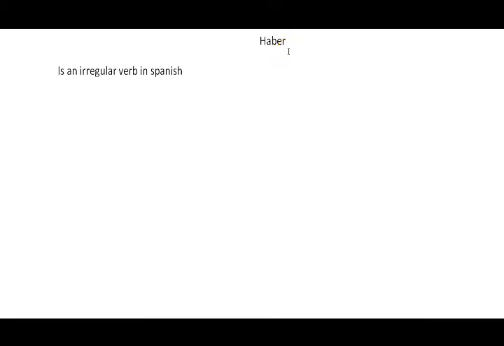For example, we have done comer, which follows a certain pattern, but haber, although it ends in er, does not follow any pattern of conjugation. In fact, haber has only one conjugation in present tense. Yes, this is a verb which has only one conjugation, which is hay.